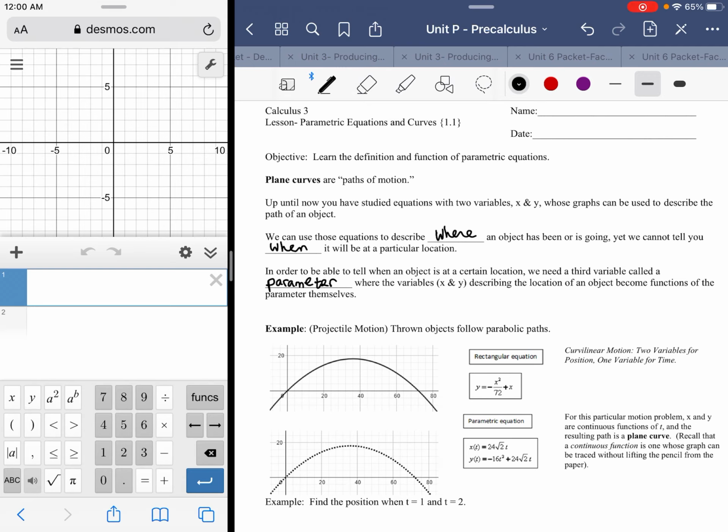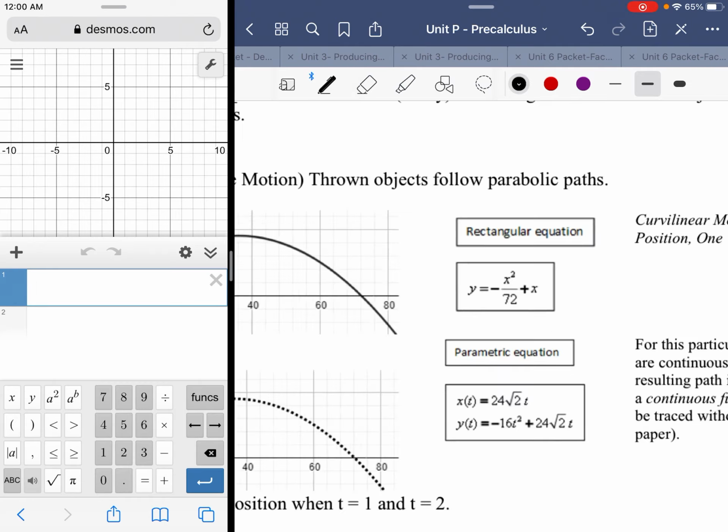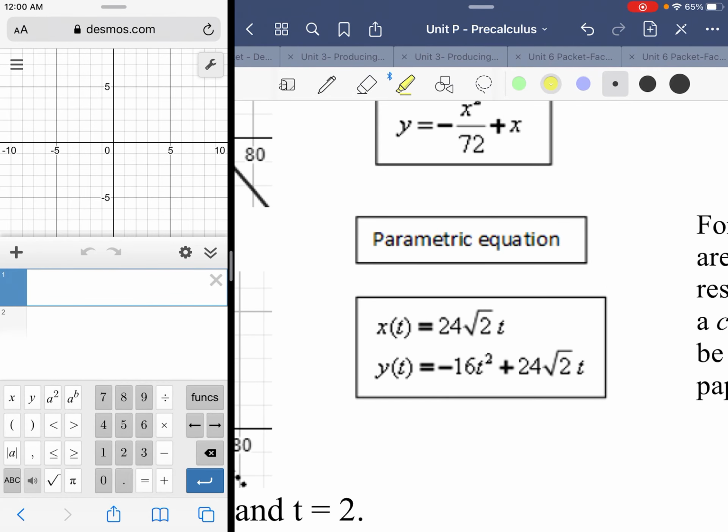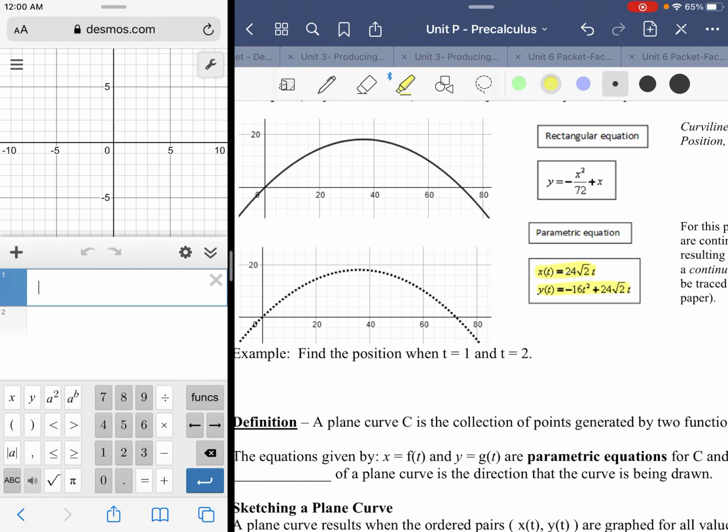All right, so the example: find the position when t is equal to 1 and 2. So we would need to evaluate each of these equations when t is equal to 1 and when t is equal to 2. So I'd be looking for x of 1 and y of 1.